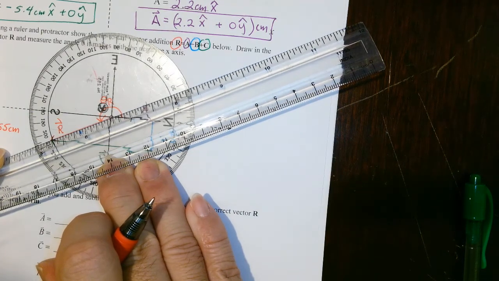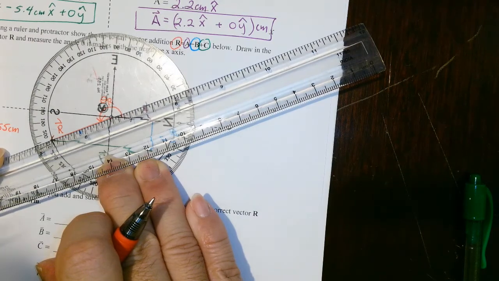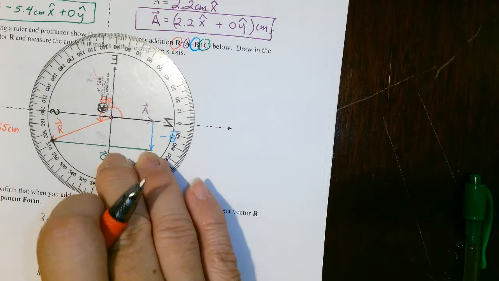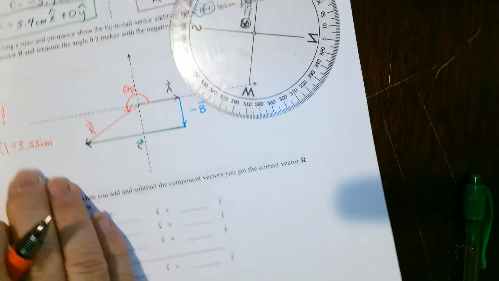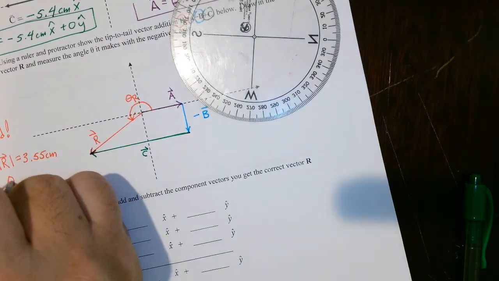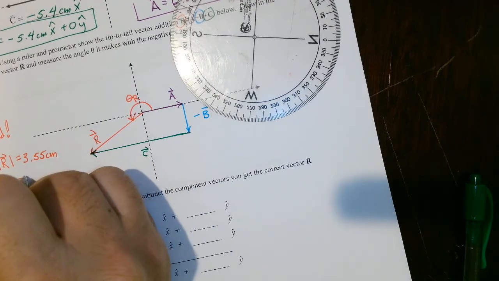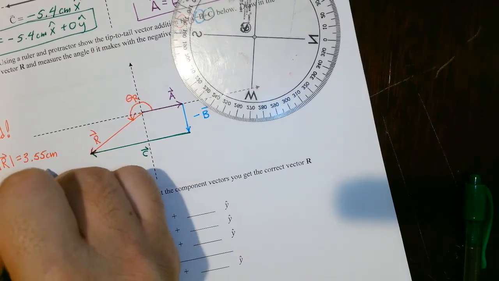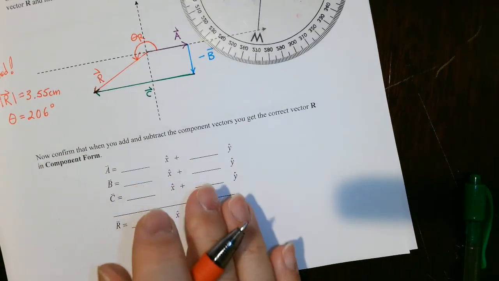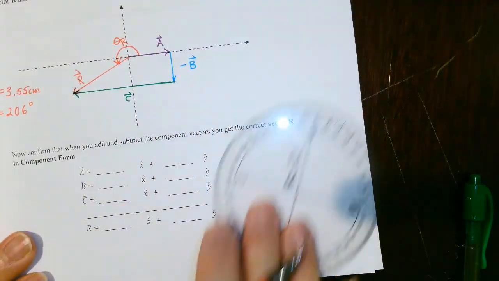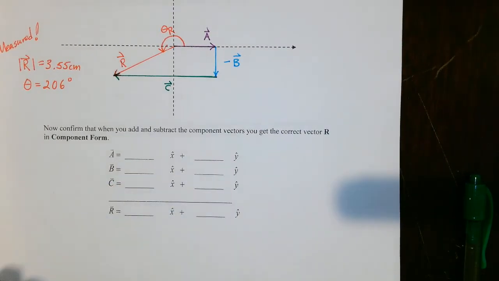All right, it's like right on the dot, 206 on the dot. So my theta is equal to 206 degrees on the dot. All right, so these are the measured values. So let's see how they work out if I were to calculate it out.